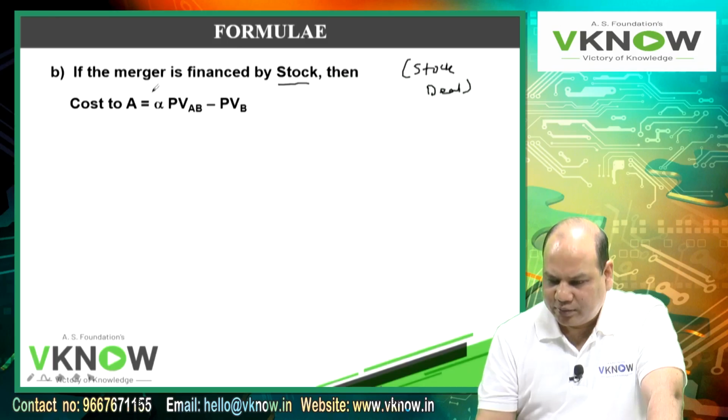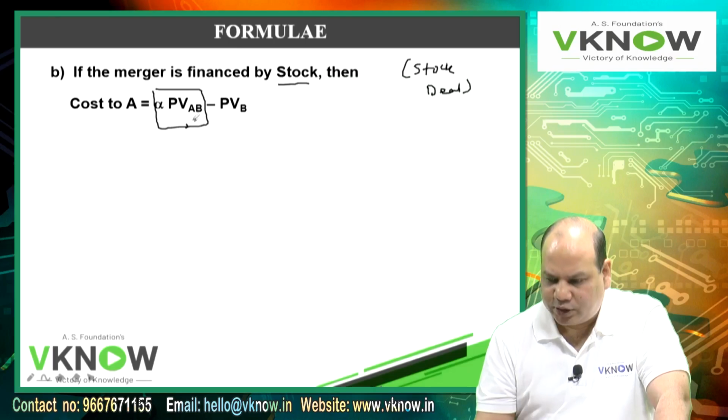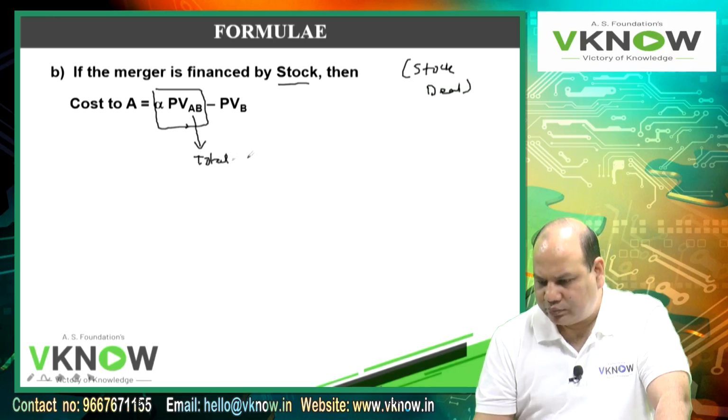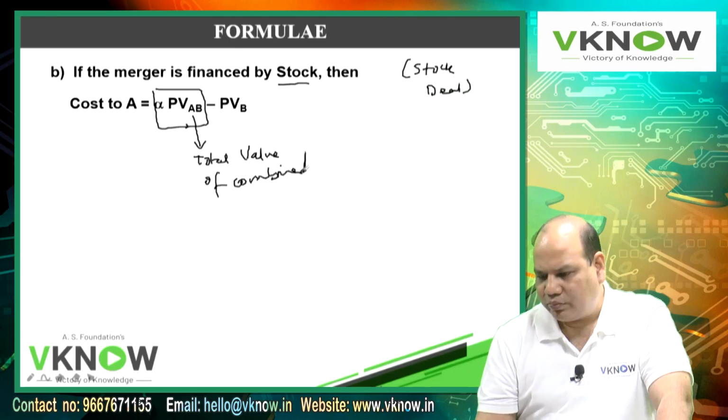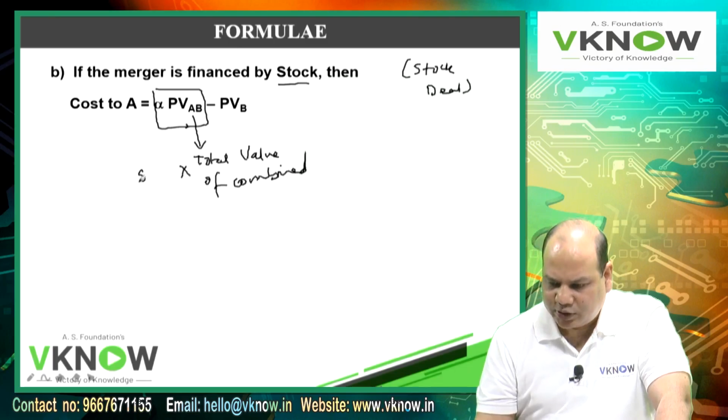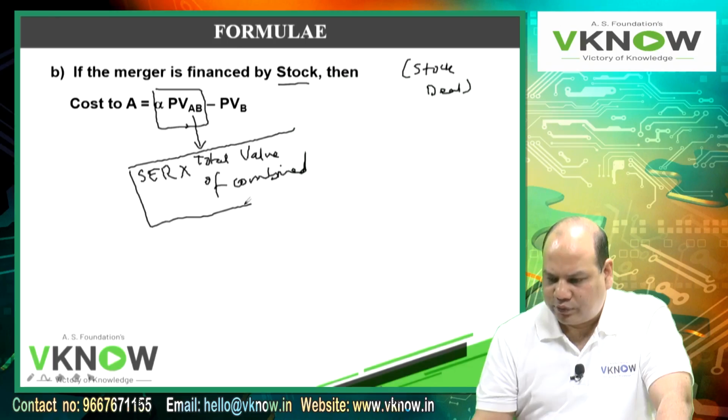what we have paid to the target company is alpha multiplied by PV of AB. So that is the total value of the firm, the total value of the combined entity. When I multiply it by the share exchange ratio, what we get is the value of the target company in the merged entity.